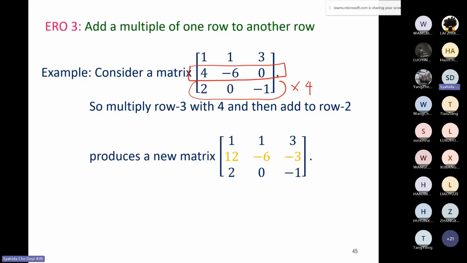So I multiply row number 3 with 4, and then I add it to row number 2. So 4 times 2 is 8, 8 plus 4 is 12.